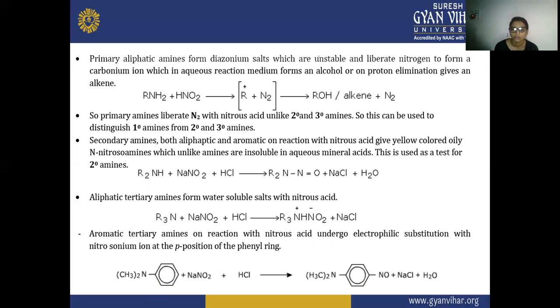So here R2NH plus NaNO2 plus HCl gives the nitrosamine plus NaCl plus H2O.